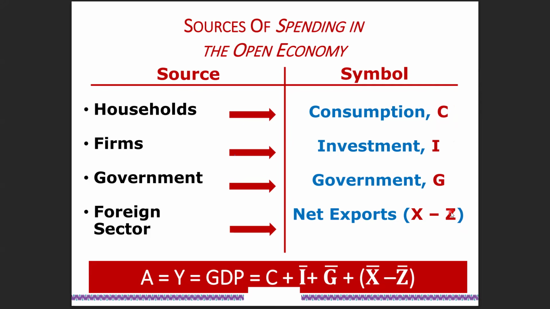So now to calculate aggregate expenditure, which is equal to income, which is equal to GDP, you just say C plus I plus G plus X minus Z. And remember, these components are autonomous. That is why we have that. And here we also subtract the Z that is autonomous, so we subtract the autonomous component of import.